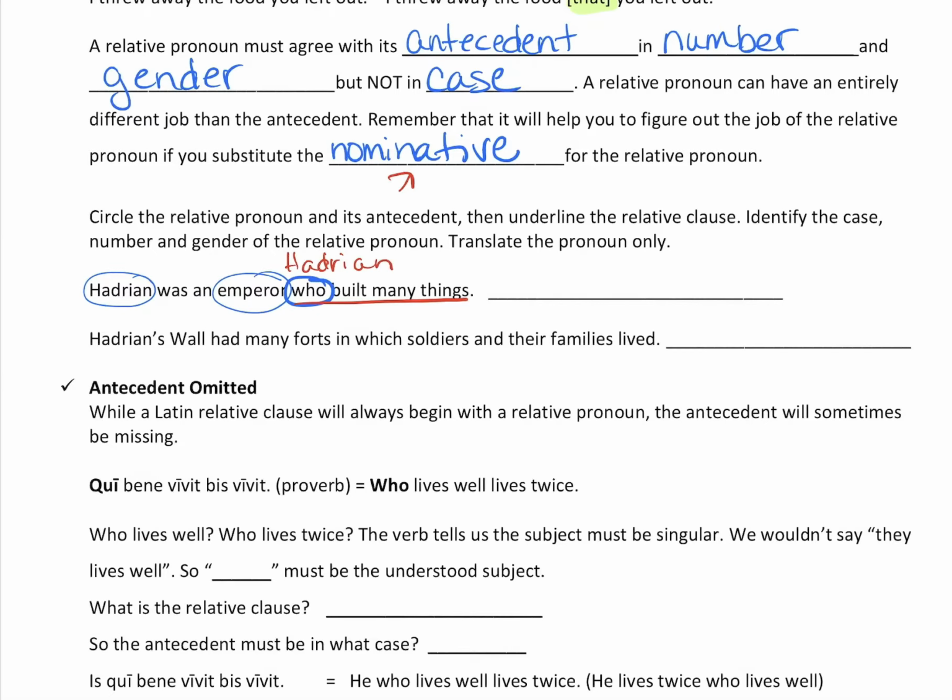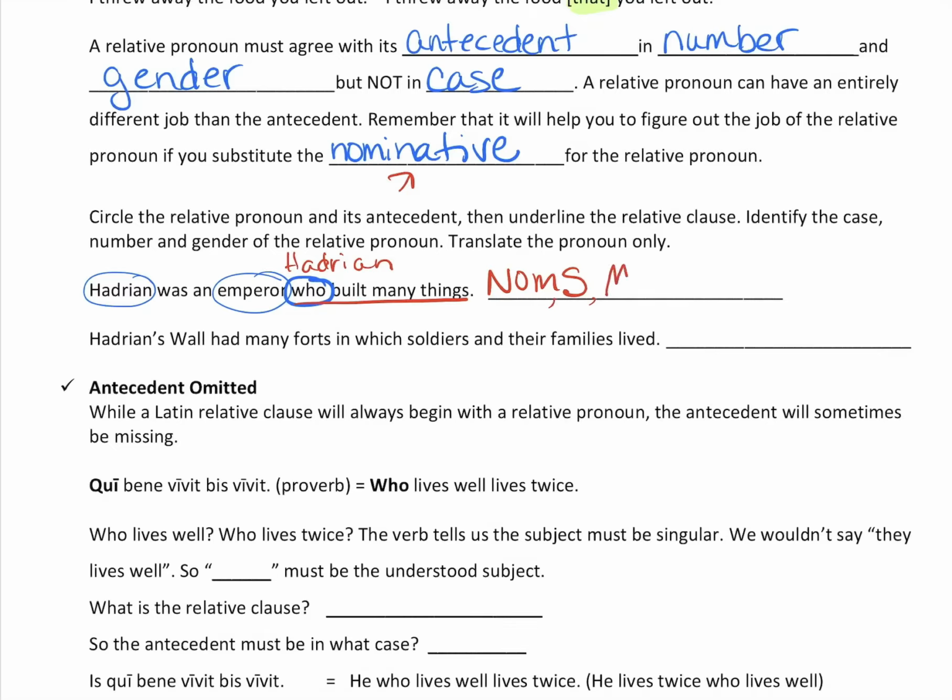Clearly, Hadrian, in this case, or the who, is the nominative singular. Remember, it doesn't always have the same job, but sometimes it does. And since Hadrian is singular, Hadrian is nominative, and when you translate it, it would have to have the same gender. So the gender, because Hadrian is a person, people are always their own genders, masculine and feminine.